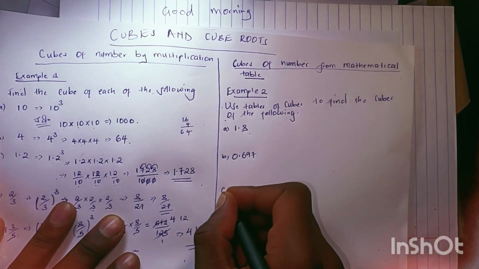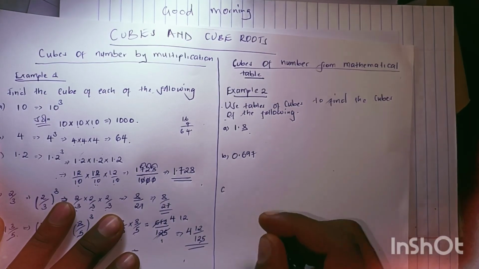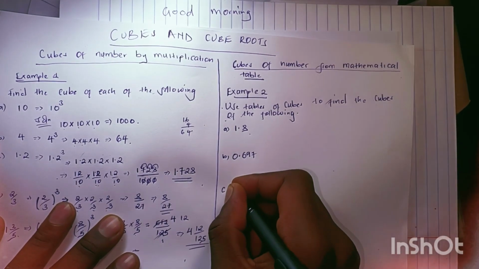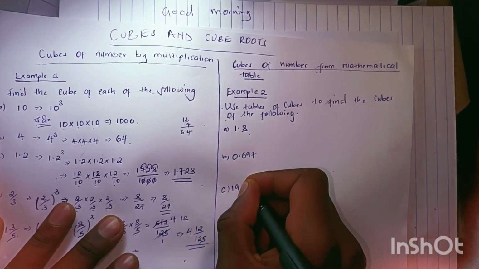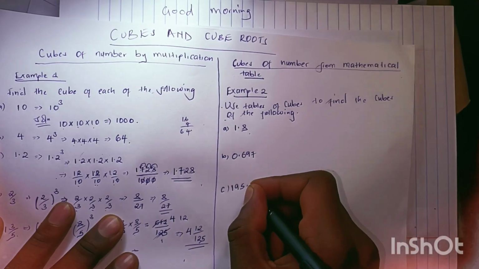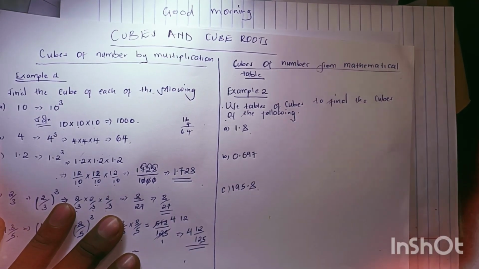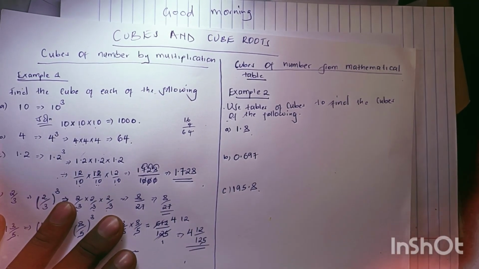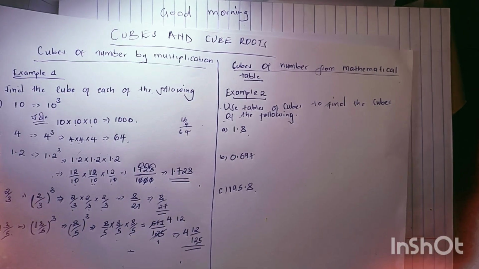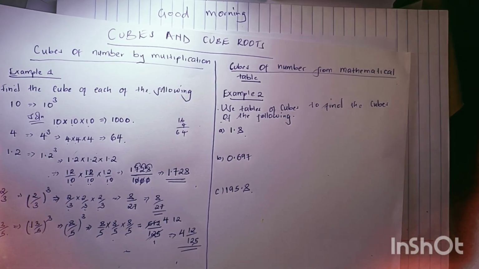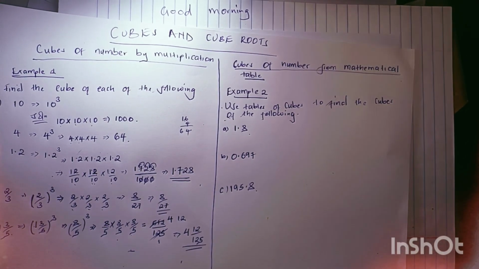And then C will be 195. Let me just pick a bigger value: 195.8.